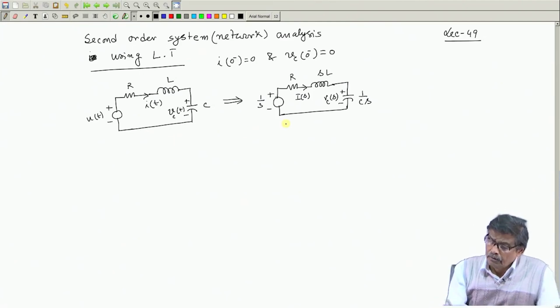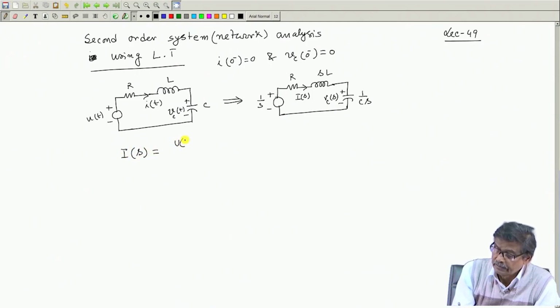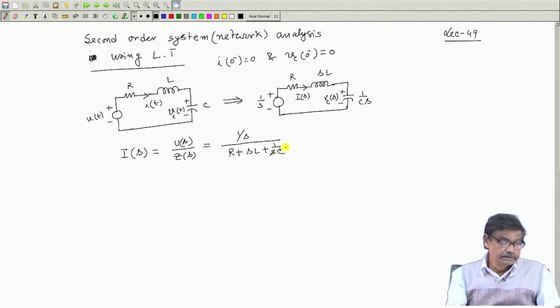Now, I(s) will be the step response of the second order system we are doing. So, I(s) is equal to U(s) by Z(s), where U(s) is 1 over s and Z(s) is R plus sL plus 1 over sC. This is the impedance.